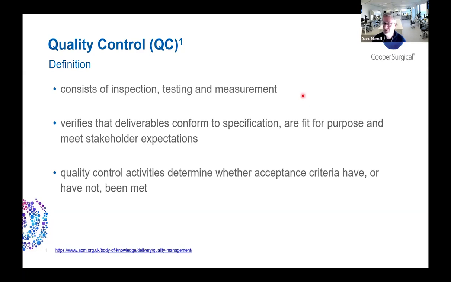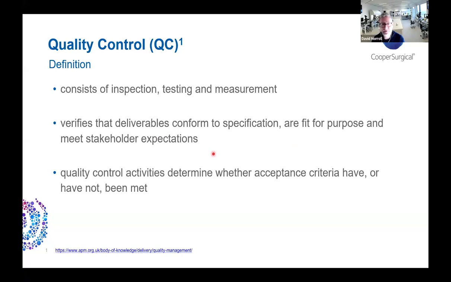So what we're testing with our quality control, all this data collection, is that the deliverables, in other words, what we produce in our lab, conform to specification, and we'll talk about benchmarking in a moment, are fit for purpose and meet stakeholder expectations, which is a rather grand way of saying that we deliver what we say we want to deliver.